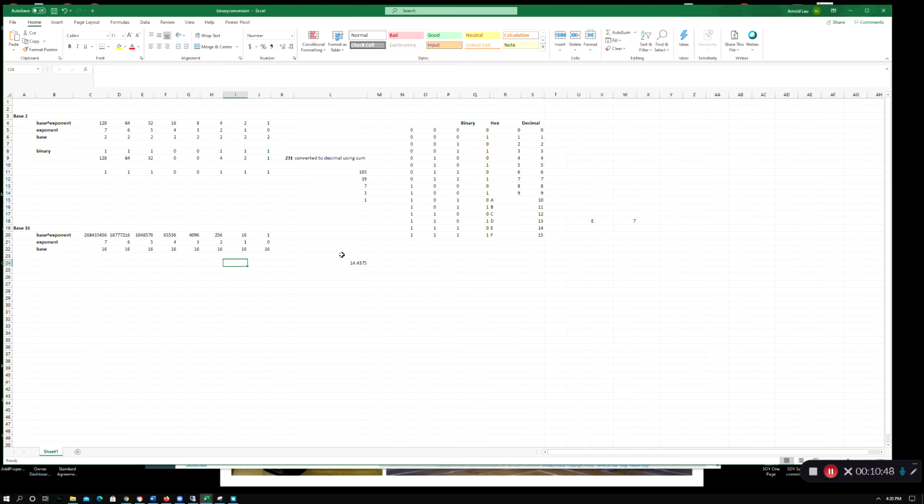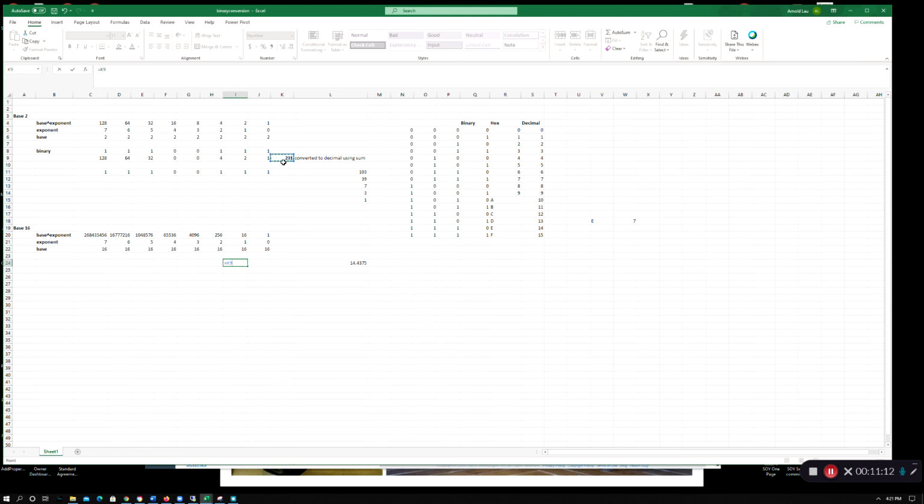So I would do equals, and I would take the 231. I kind of went ahead a little bit, actually. You can see this 231 is less than 256, so it's not going to work. I have to go to this one, 16. So 231 is bigger than 16.